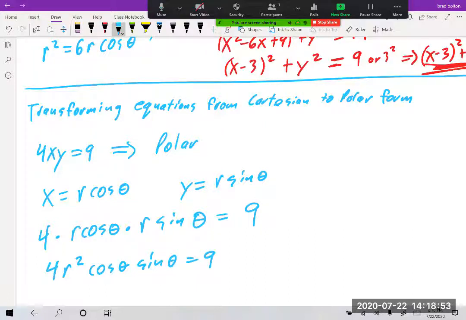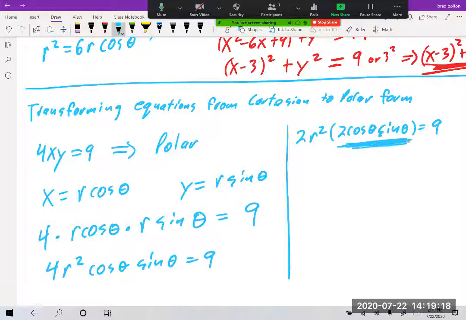Let me see how much further they want us to go. I think in your book, they want you to do something fancy. Technically that is a conversion the way it is. But if you want to get fancy, if you remember from chapter 7, if I just take the 2 out, that's actually the double angle, right?